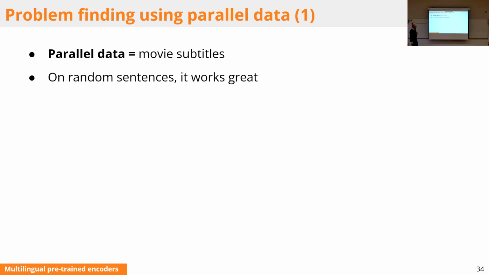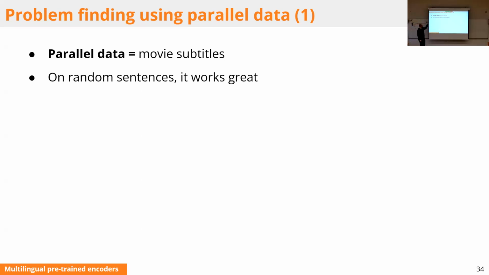Because when we searched further for how these differences look like, we actually find that most of the differences are some stupid mistakes. For that we used parallel data of movie subtitles.